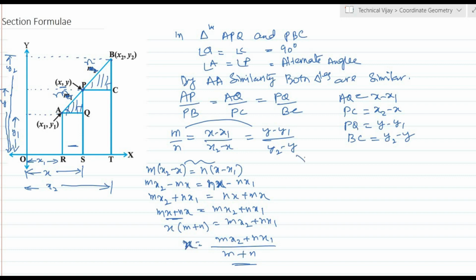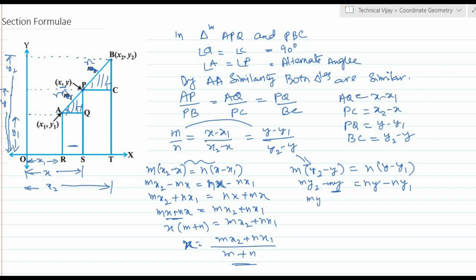And for the Y coordinates, we will take M by N and this one. So M into (Y2 minus Y) is equal to N into (Y minus Y1). So My2 minus My is equal to Ny minus N into Y1. Here My we will send to RHS.